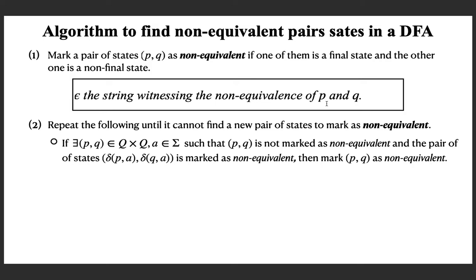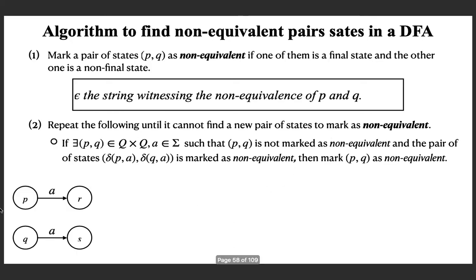And the second step in the algorithm is a loop. You have to perform this step in a loop until you find no more pairs to be marked. What you do is, suppose that there exists a pair of states not marked. Maybe I can explain with the help of a figure.